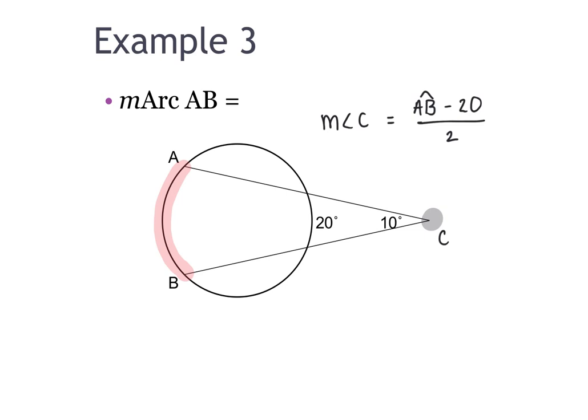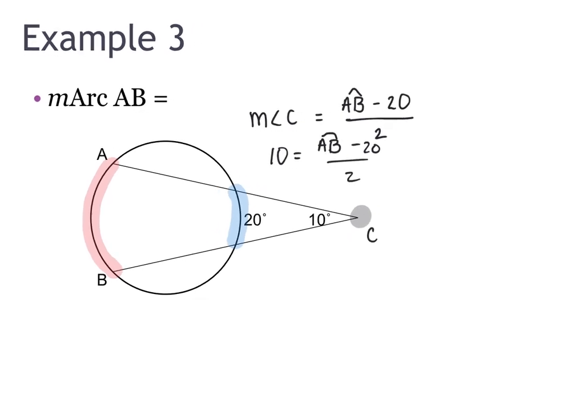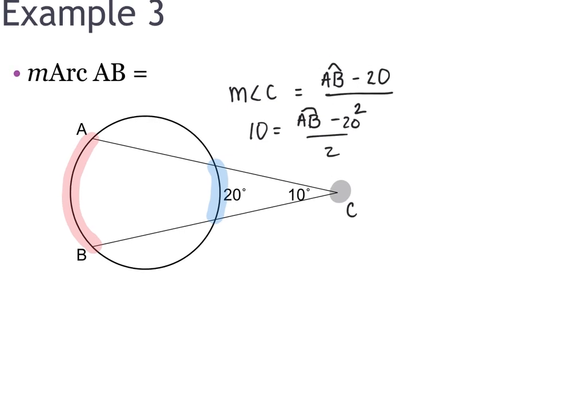So we've got a big arc, which is the red one, and a small arc, which is the 20, and we're just subtracting them. Now, we already know the measure of angle C. It's 10 degrees. So 10 equals AB minus 20 over 2. How do we solve this?